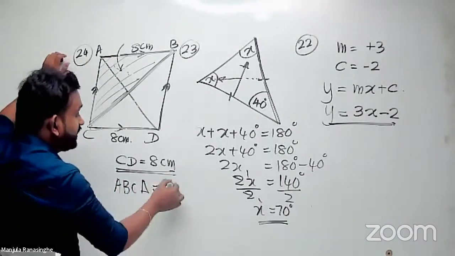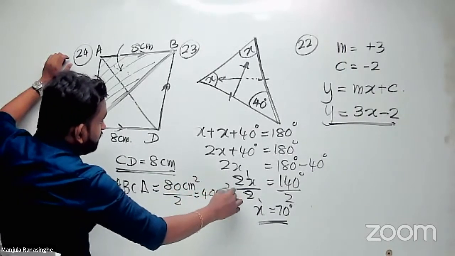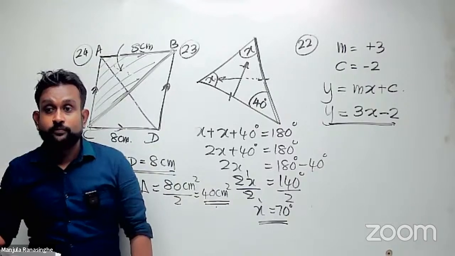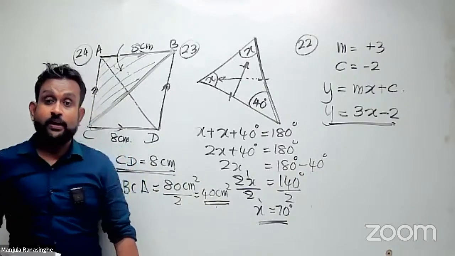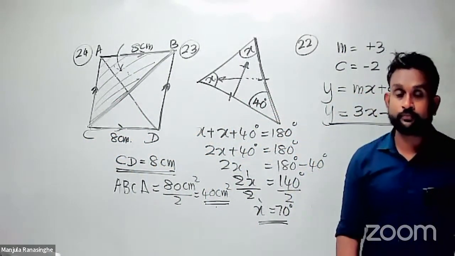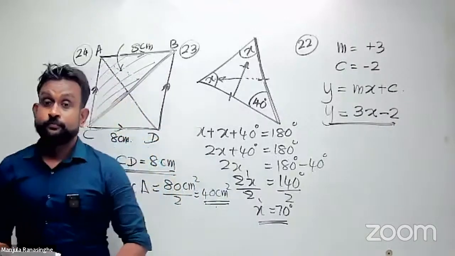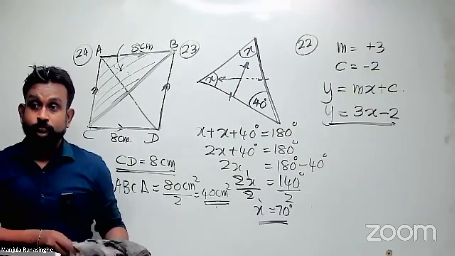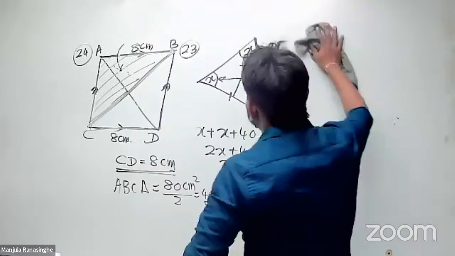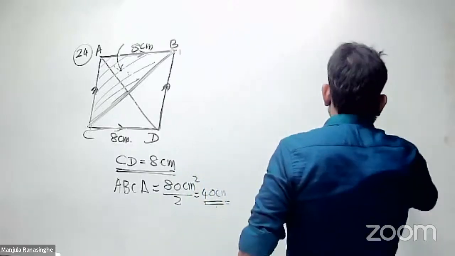Half of the parallelogram area. 80 square centimeters divided by 2 gives you 40 square centimeters. Okay, mark them. 40 square centimeters.